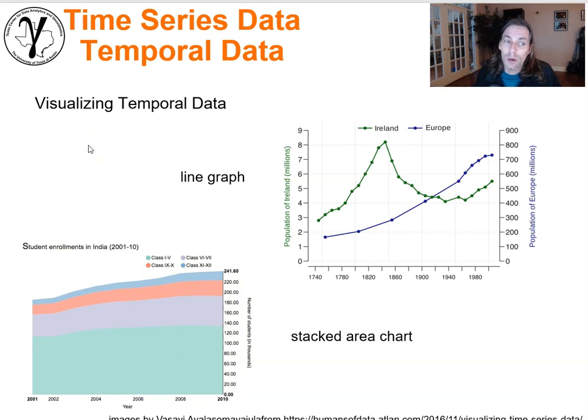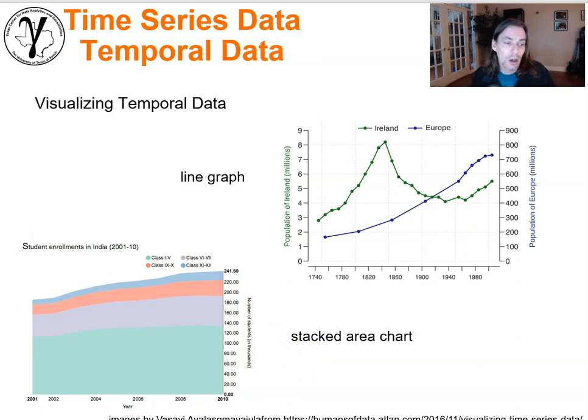How do we visualize or understand time data or temporal data? Pretty straightforward. Line graphs are quite common. Here's an example that I took from online. The population of Europe over time up to the year 2000. And you can look at that and see interesting trends or behaviors over time. Stacked area charts are also very common, ones that are proportional and so forth.